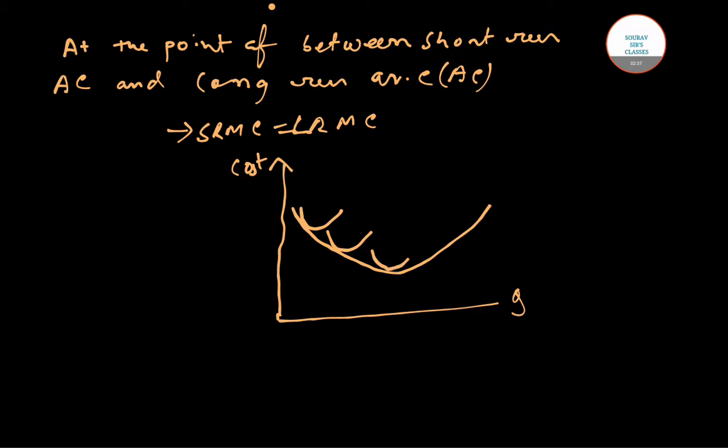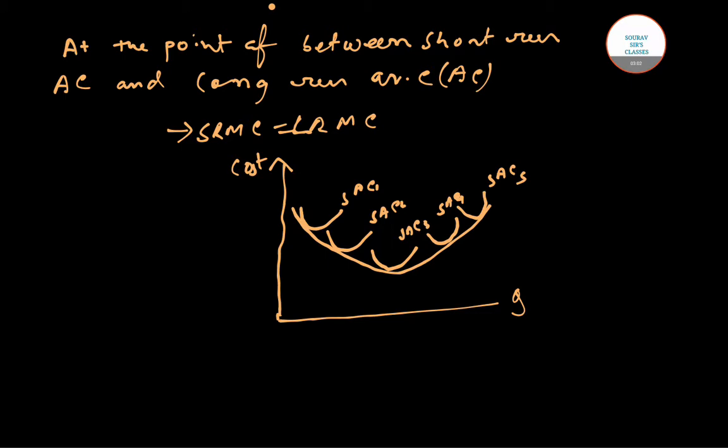So LAC basically makes an envelope. All these are short run average cost curves. You can simply name them 1, 2, 3, 4, 5.